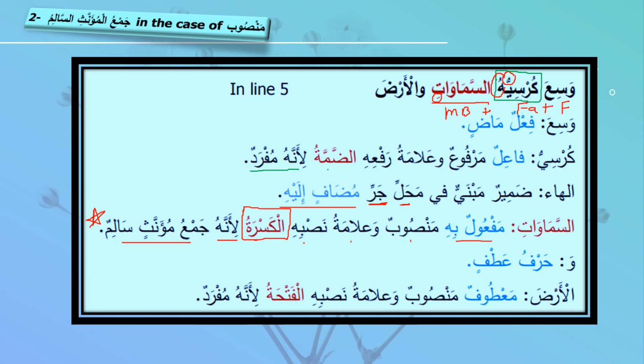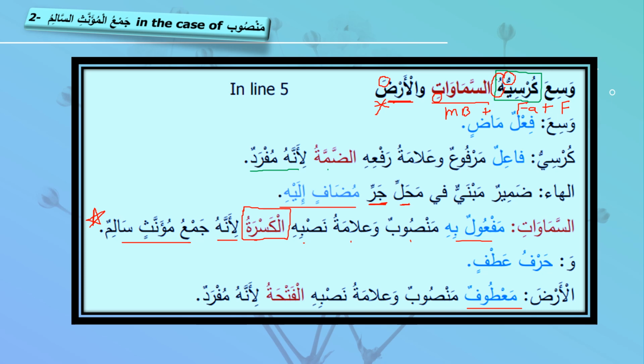Waw is atf, and anything that comes after atf is always ma'tuf, and ma'tuf always follows the i'rab of the noun before the waw. Since samawat is in mansub case but is a Jama Muannas Salim showing kasra, this earth cannot show its position by the kasra. It's totally wrong. Since it's a singular noun, it will follow the rule of a singular, mufrad noun. A mufrad noun usually shows its mansub position by fatha. So that's why it will have a fatha.